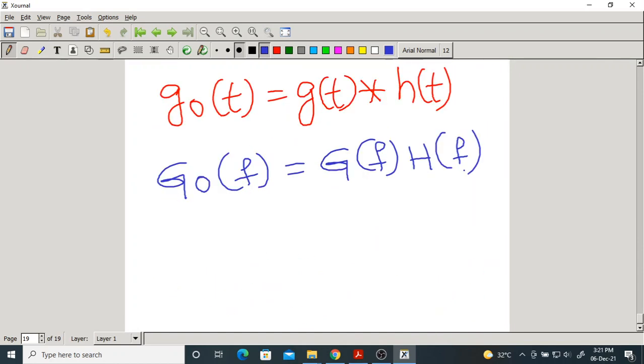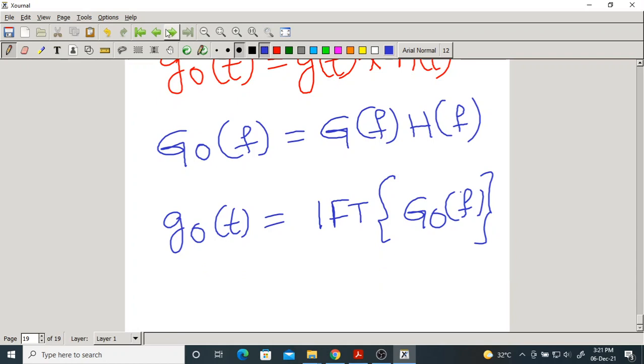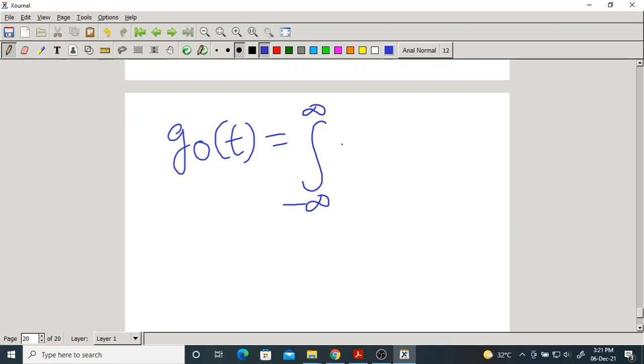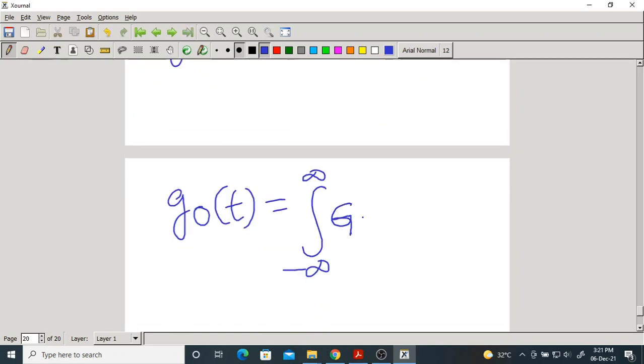G naught of t is the inverse Fourier transform of G naught of f. Agreed or not? Simple logic. Inverse Fourier transform means the integral from minus to plus infinity of G naught of f e power j 2 pi f t df.